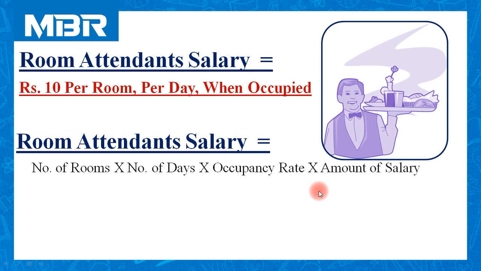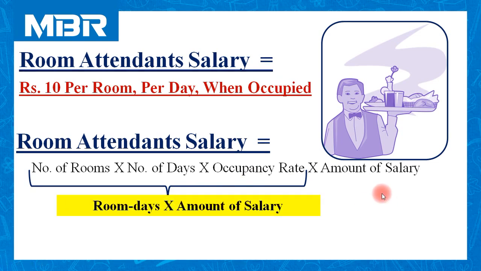But we need not to worry for this calculation, as we all know that number of rooms multiplied by number of days multiplied by occupancy rate is equal to room days that we have completed just before a few minutes. So you can say the final formula for the calculation of salary is room days. Room days means multiplication of these three variables: number of rooms, number of days, and occupancy rate.